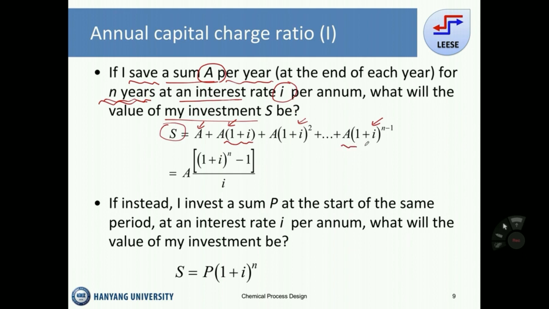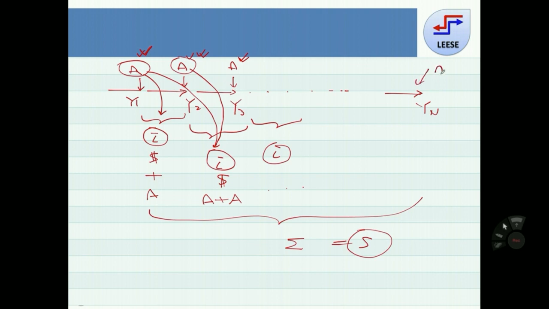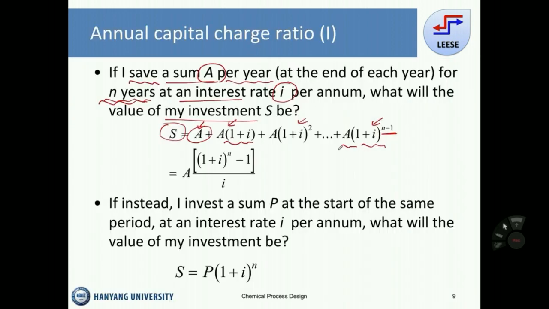This is the money A put in at the first year, okay? So that money has the interest rate over the n-1 years. So this is the money I just put into the bank, so I don't have the interest rate, okay? So that is the final element of the A, okay? This amount of money over n years, n-1 years, I have the interest rate for that.